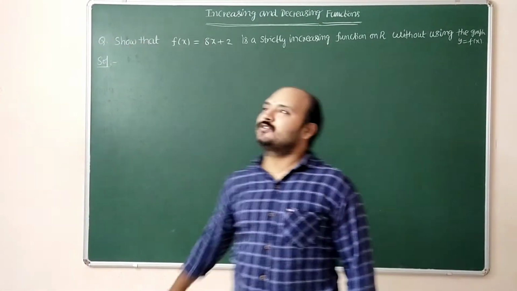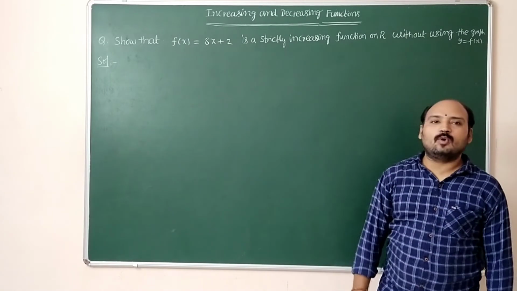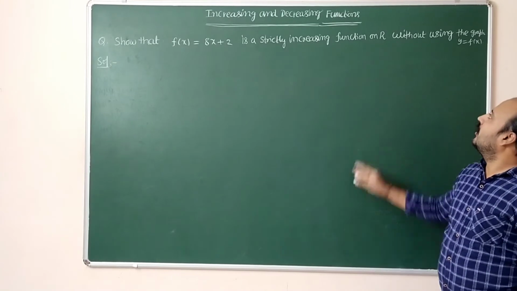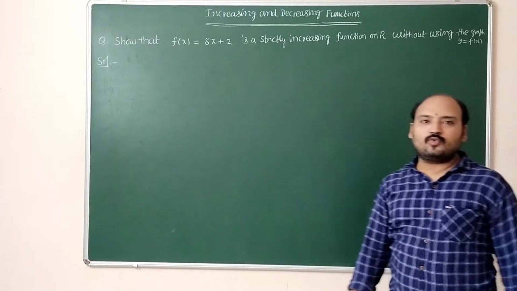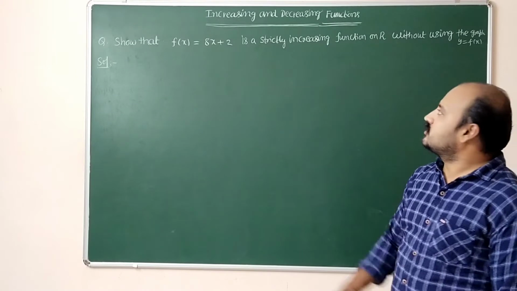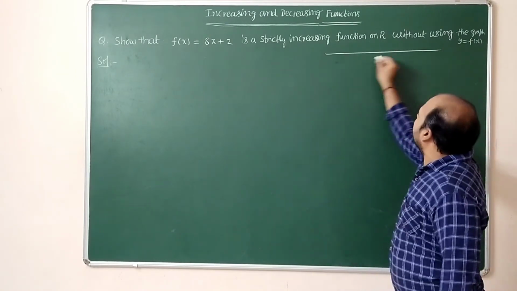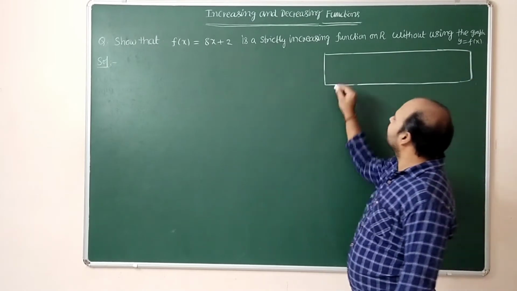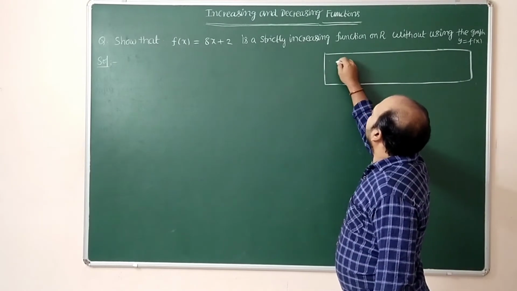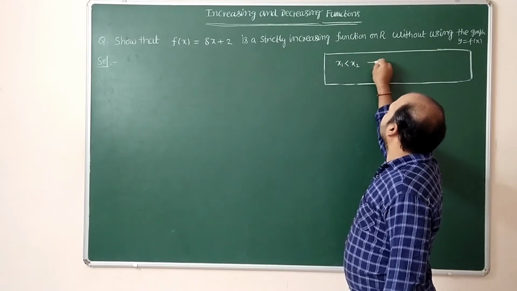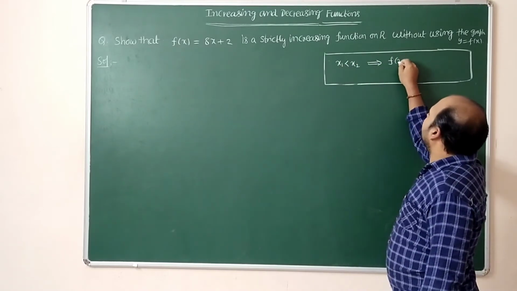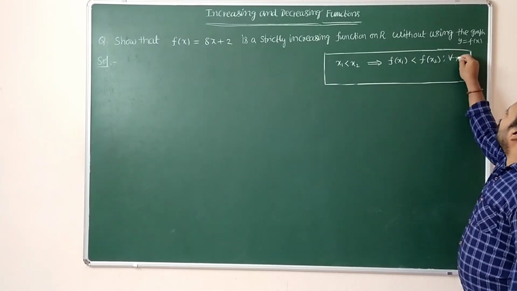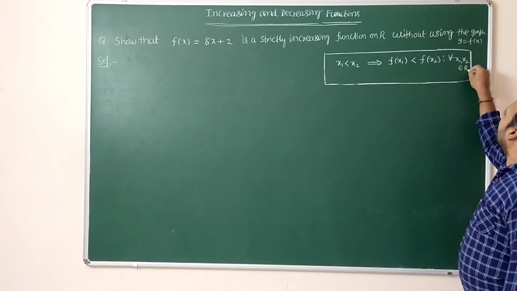The next question here, students. Show that f of x equal to 8x plus 2 is strictly increasing function on R without using the graph y is equal to f of x. Strictly increasing, just now we discussed one definition. Once again I am writing according to your convenience. x1 is less than x2 implies that f of x1 is less than f of x2 for all x1, x2 belongs to R. This is the definition.